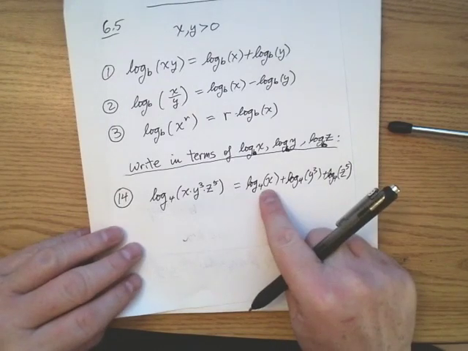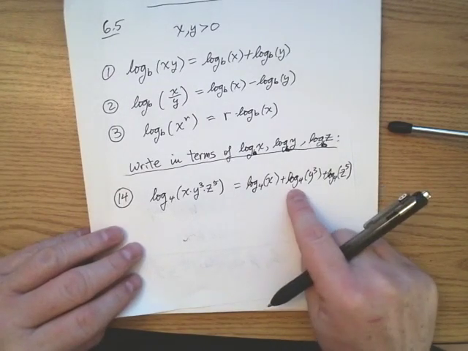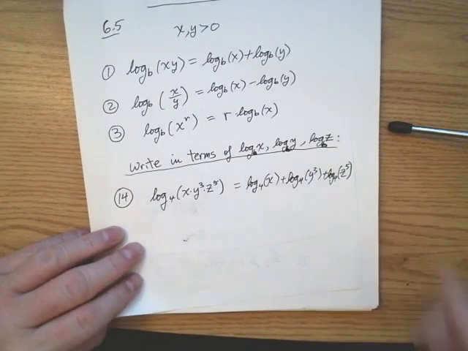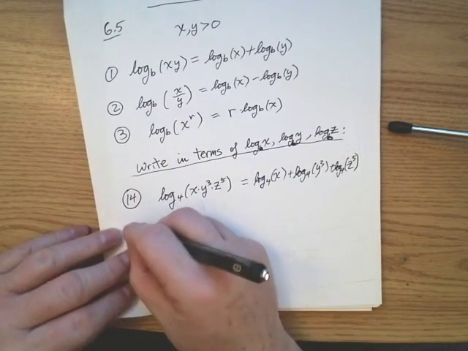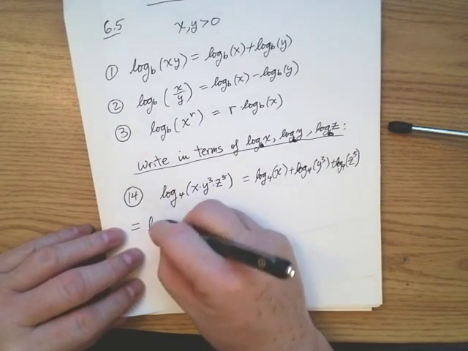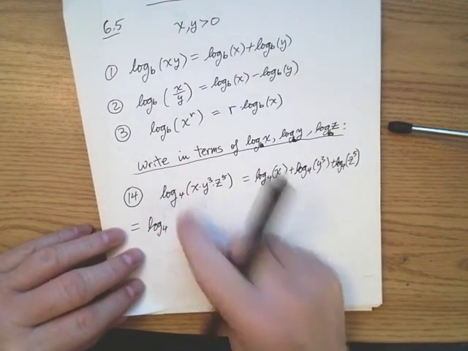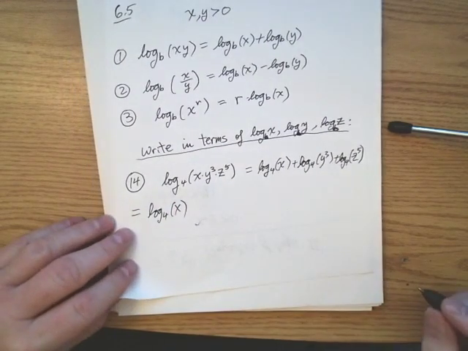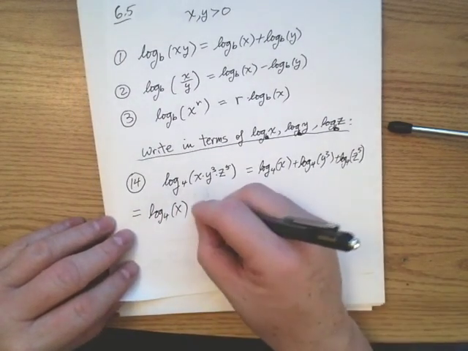I'm not done yet. I haven't written everything in terms of just log x, log y, and log z yet, have I? I need to do a little bit more work. This one's acceptable. That's the logarithm base b, b is 4 in this case. It's a logarithm base 4 of x. That's cool.